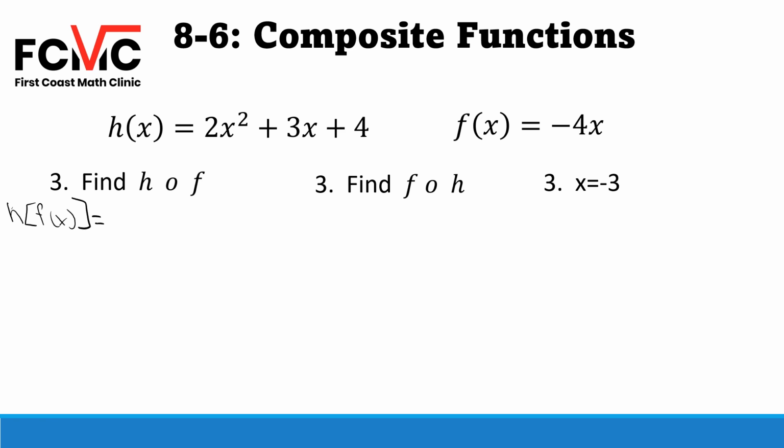So we can start with our h of x function. So we've got 2x squared plus 3x plus 4. And let's take our f of x. All right, so our f of x, we're going to substitute that in for x.